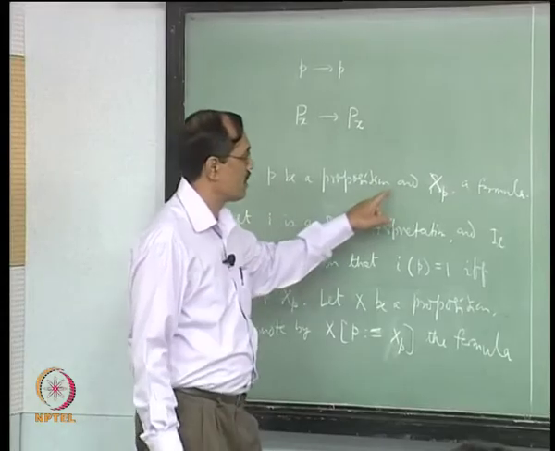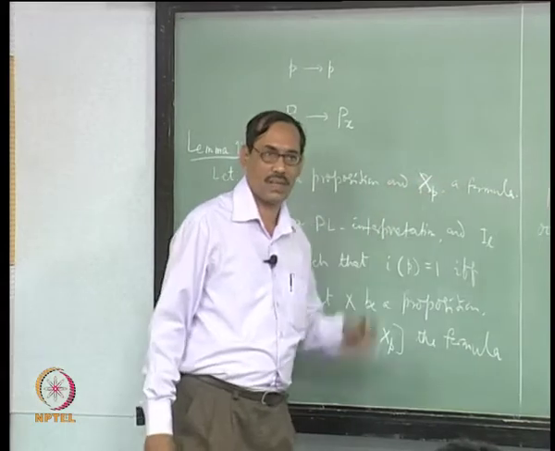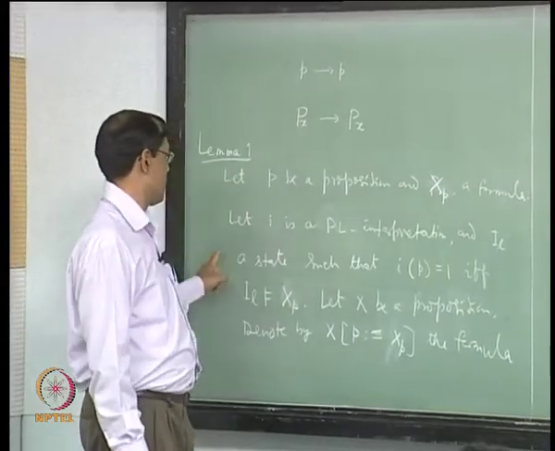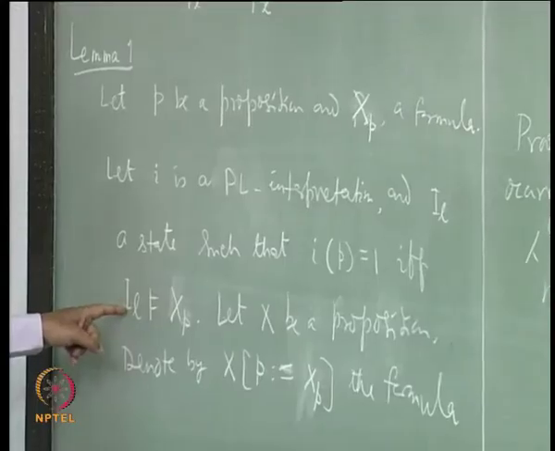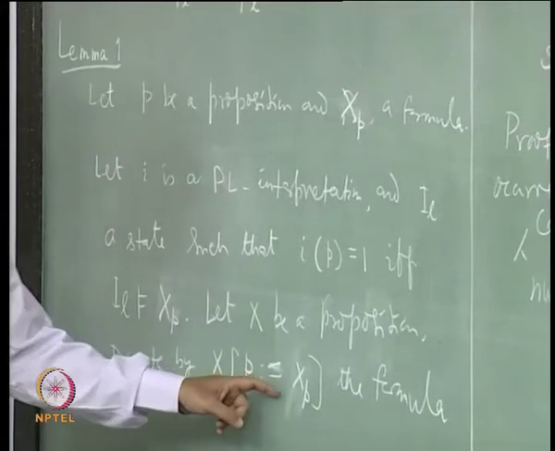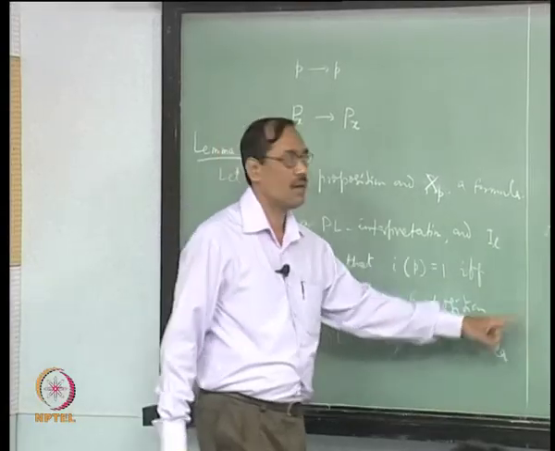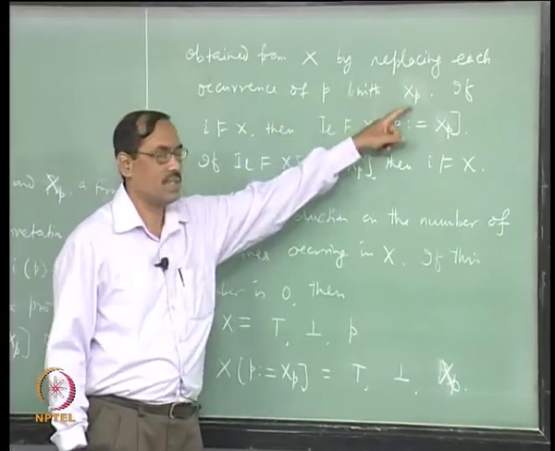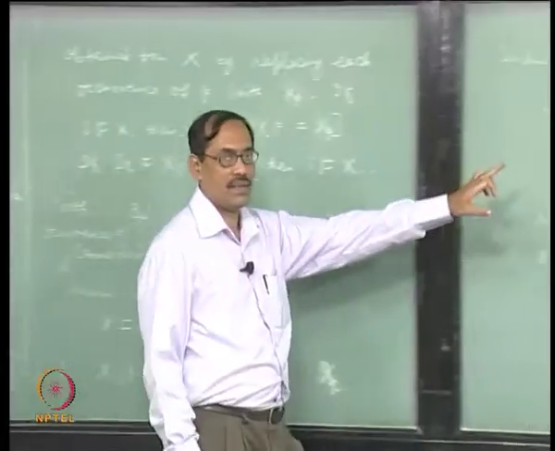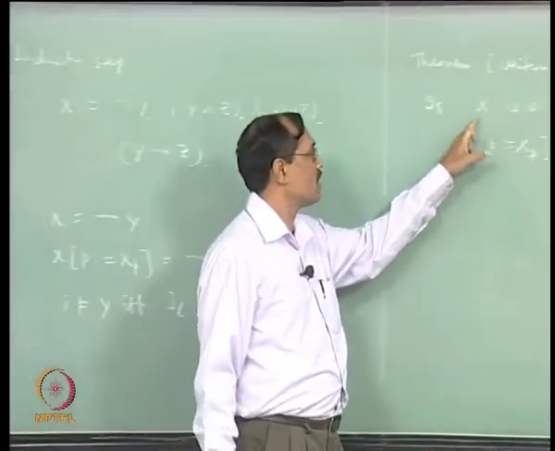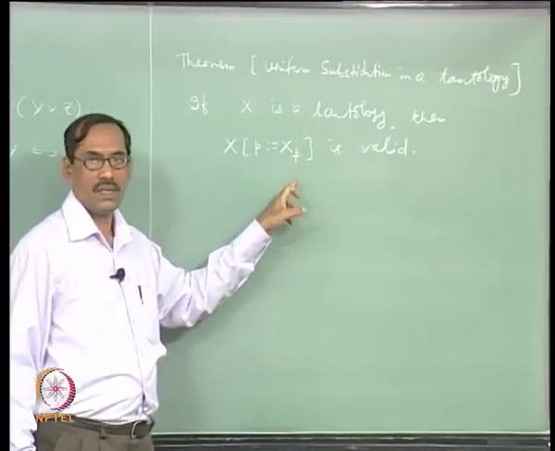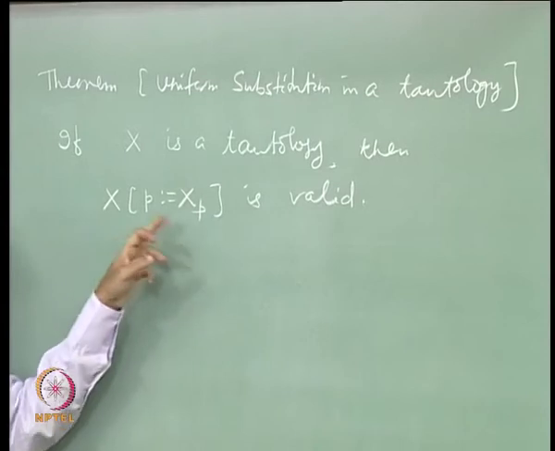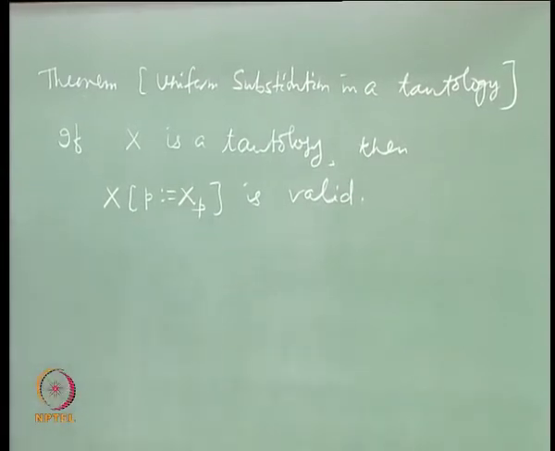Let p be a proposition, identify x_p, a formula corresponding to this p, then denote by x_p the formula obtained from x by replacing each occurrence of p with x_p, then, right. Whenever x is a tautology, x where p is substituted by x_p is also valid, right.